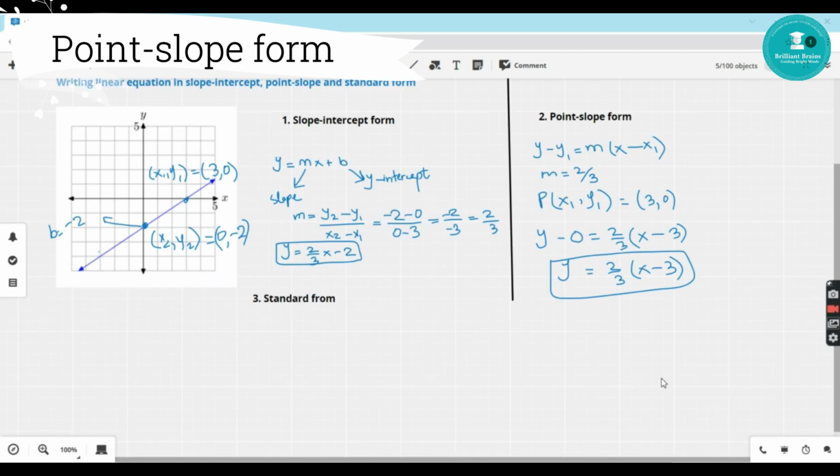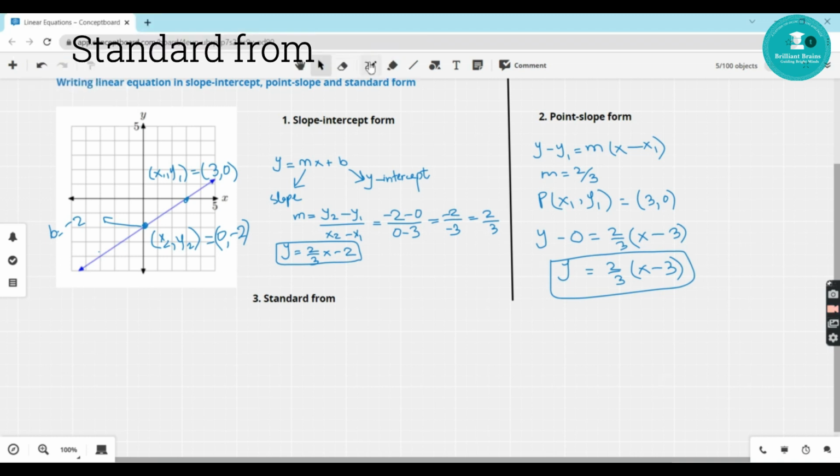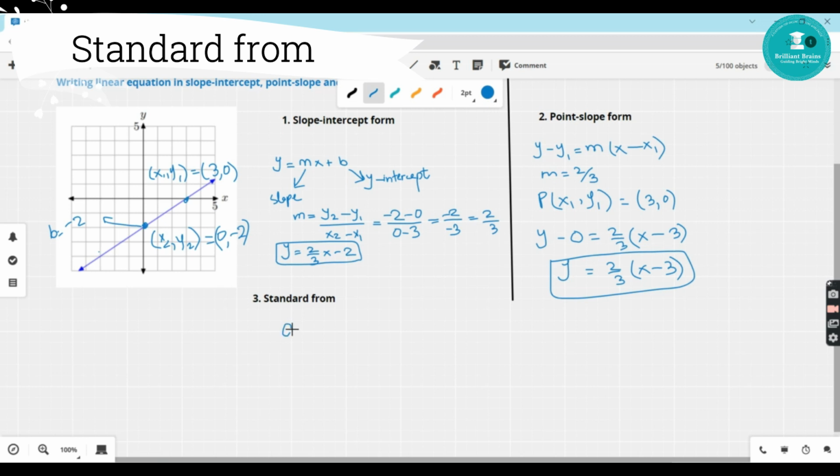Now we have to write this line into a standard form. Okay, we know that the standard form is ax plus by equals c. It means both your x and y variables should be on one side of the equation and the number without any variable should be on the other side of the equation.